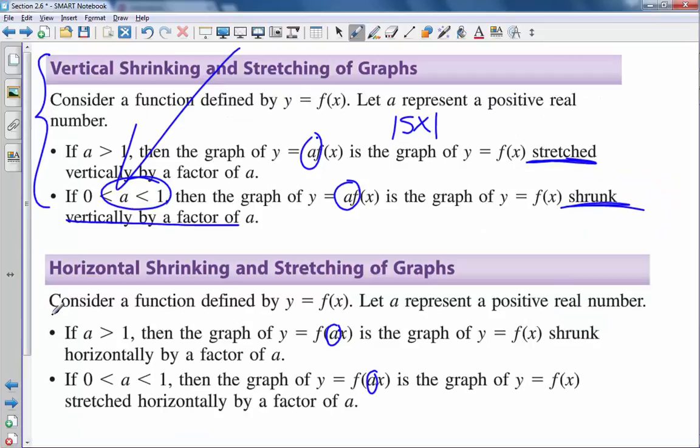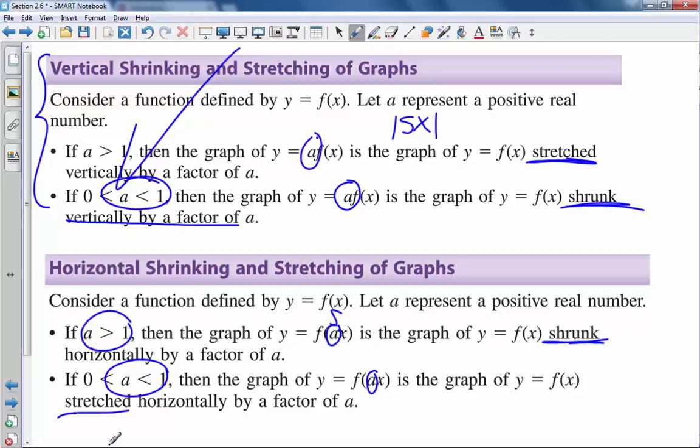However, it's not just the name that changes. The final effect also reverses. If you see a big number like 5x next to x under the square, for example, then you're actually horizontally shrinking it. I will explain it better on the next example. But if the number is small, you are horizontally stretching it.